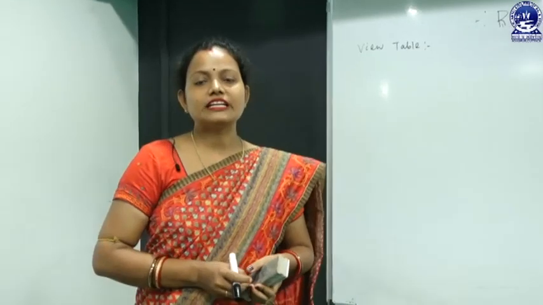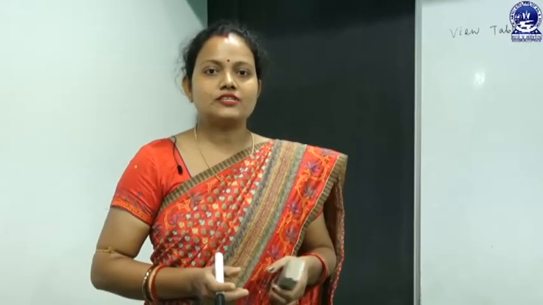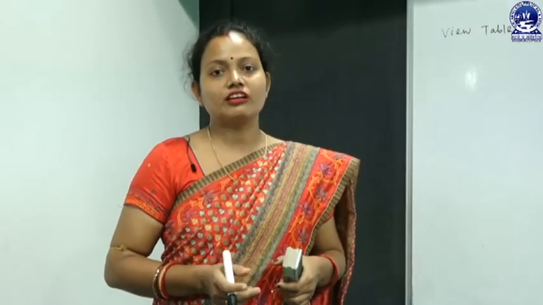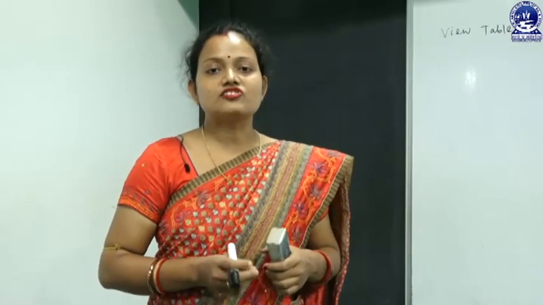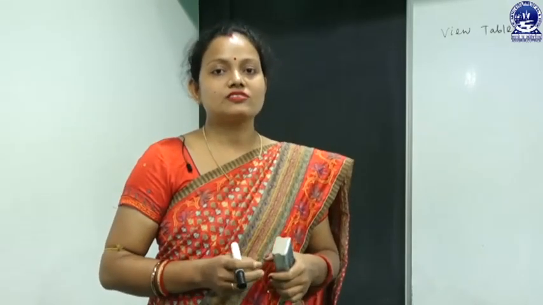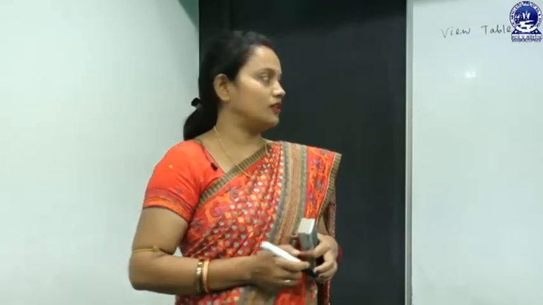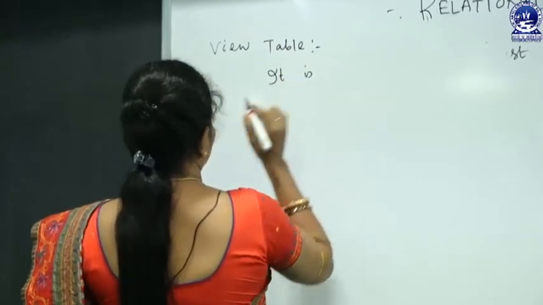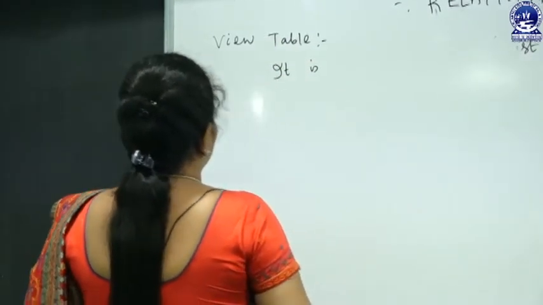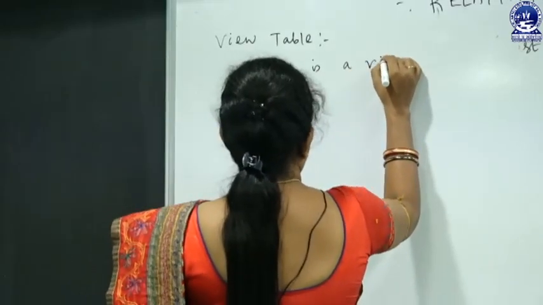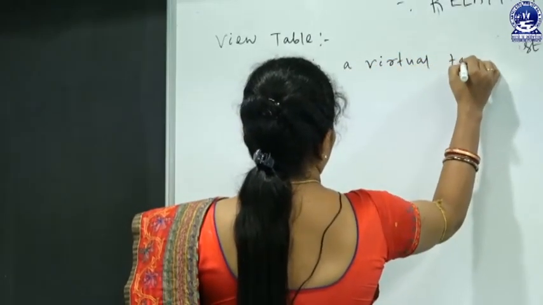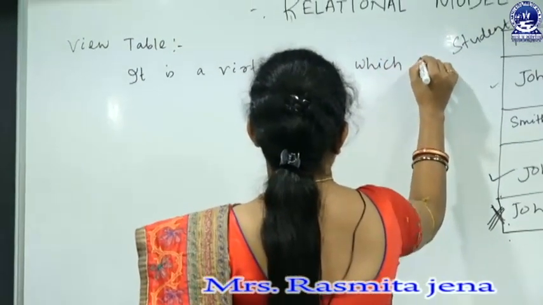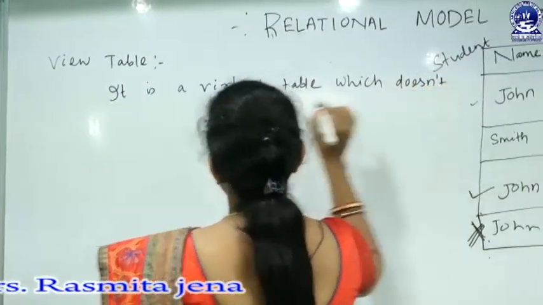View table means it is a virtual table which does not have any physical existence. That means it does not exist really, and this table is derived from some underlying existing tables, some base tables. That means a view table is a virtual table which does not really exist.